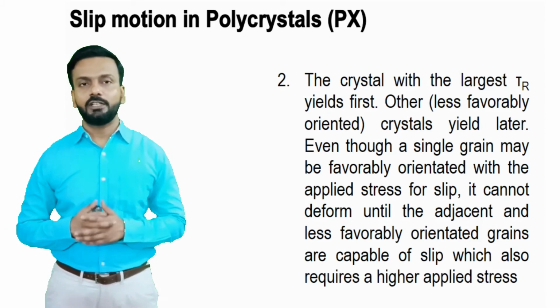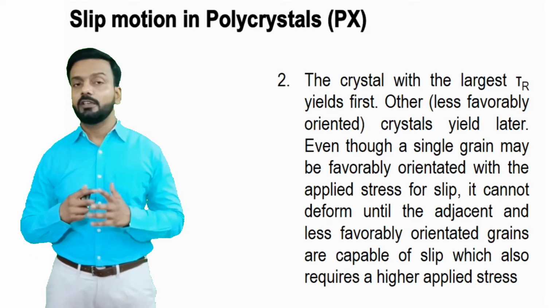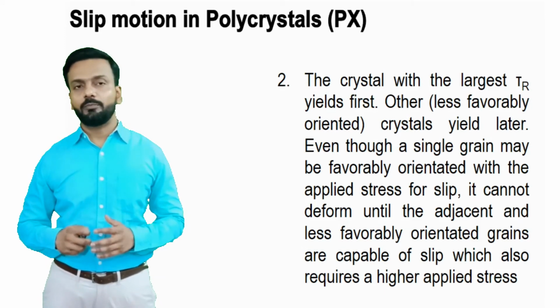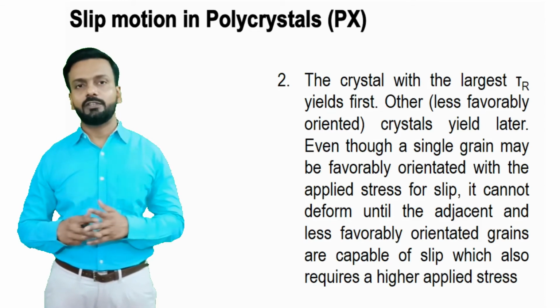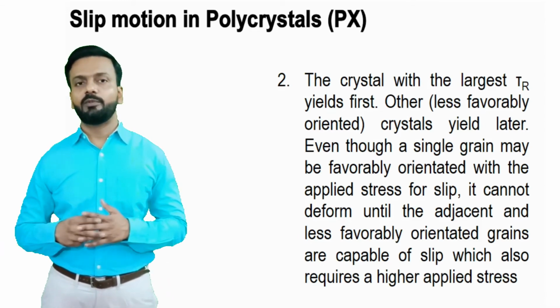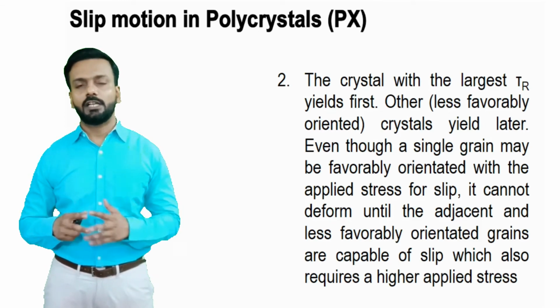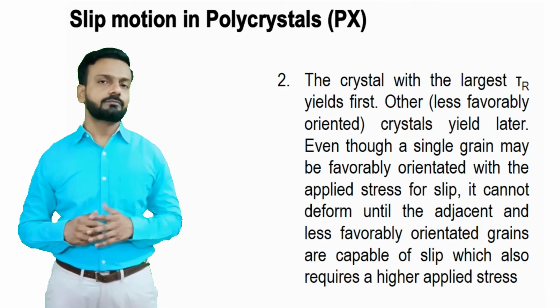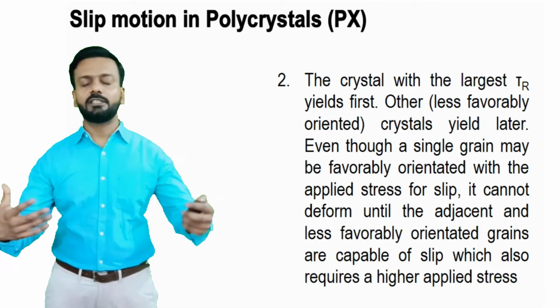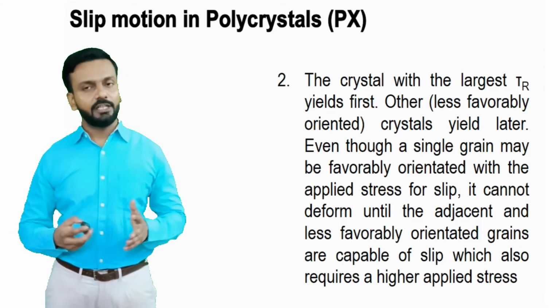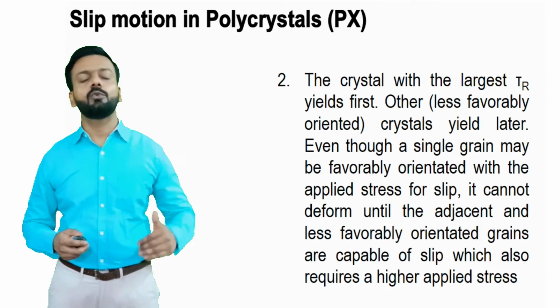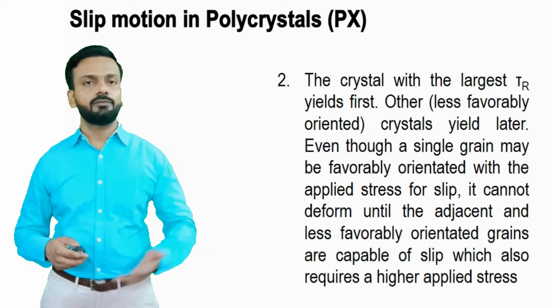So even though a single grain may be favorably oriented with the applied stress for slip, it cannot deform until the adjacent, less favorably oriented grains are capable of slip, which also requires a higher applied stress. Basically, unless each and every grain is favorably oriented, the material cannot deform. That is why the polycrystalline material needs more stress and load for deformation than its single crystal counterparts.